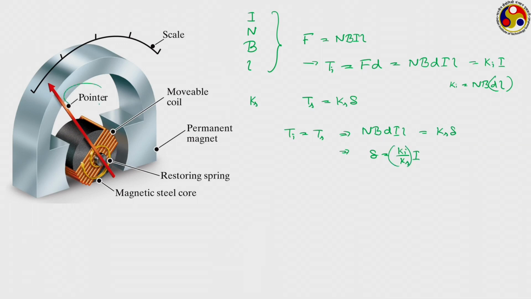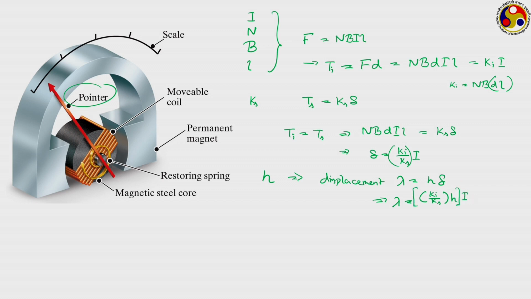And now, if the length of this particular pointer is h, then for small angle of rotation we can write that the displacement of the pointer, lambda, will be equal to h into delta, of course when this angle delta is small, or in a way we can write lambda is equal to Ki over Ks into h into I. So, h again being a constant, that means this lambda is proportional to the current that is flowing through it.